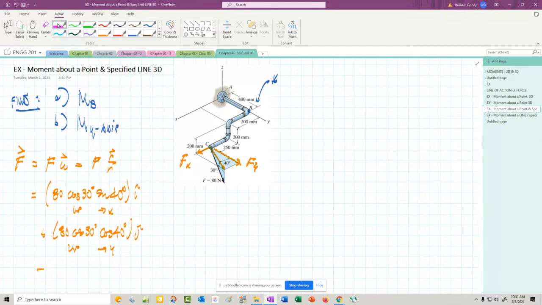And the z is actually negative because we're looking for this component right here. So negative 80 sine of 30 degrees, because we're really just looking at that little triangle and finding that piece there. That's in the K.